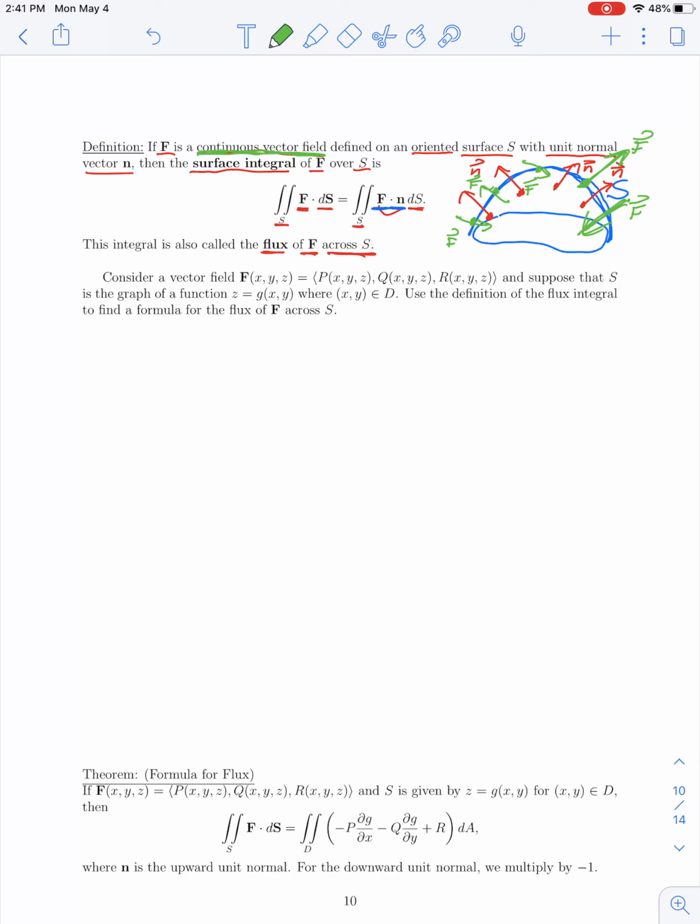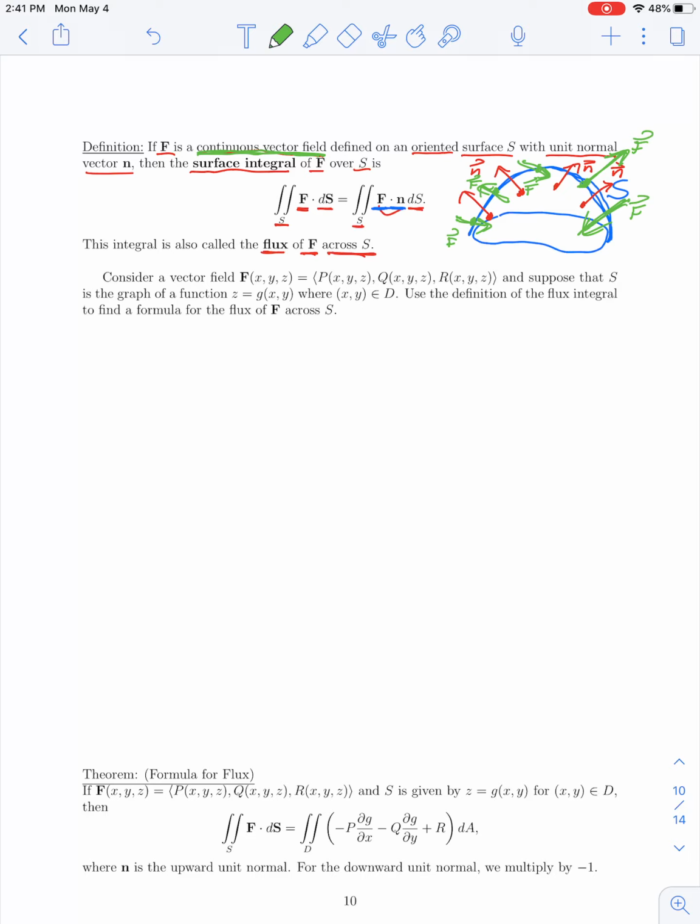So we can think about this flux integral as measuring the rate of flow of our fluid through this surface S. So if the surface maybe represented a net that we had placed in some fluid, submerged it in some fluid, which is flowing through this net, this flux integral is measuring the rate of flow of that fluid through this net, which would have the shape of our surface S.